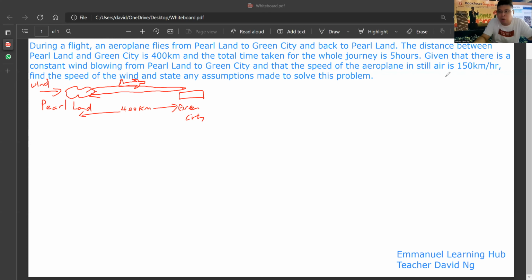The speed of the aeroplane is 150 km per hour in still air. That is the speed of the aeroplane in still air.